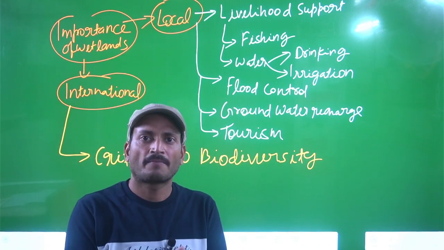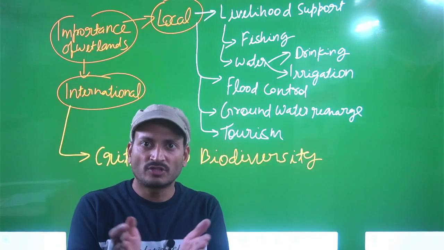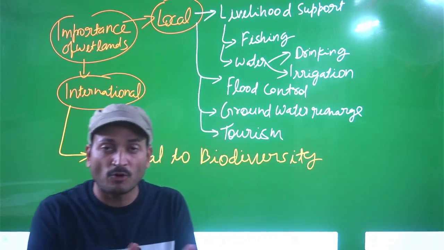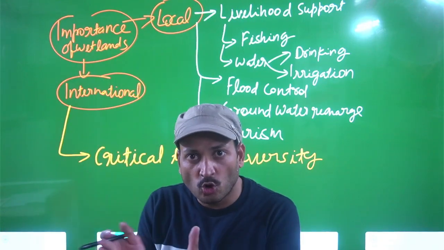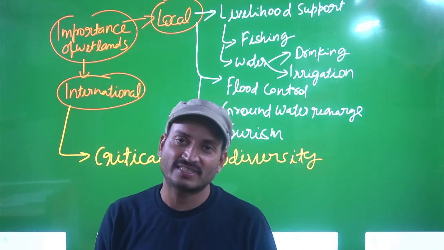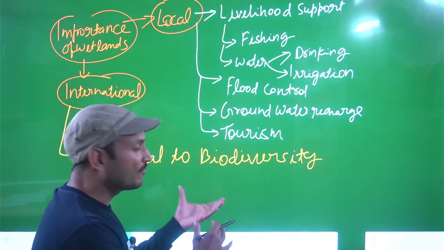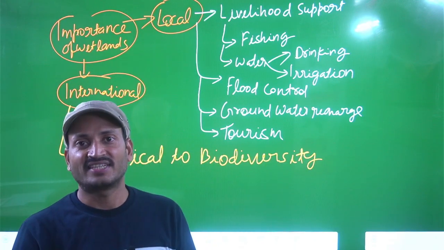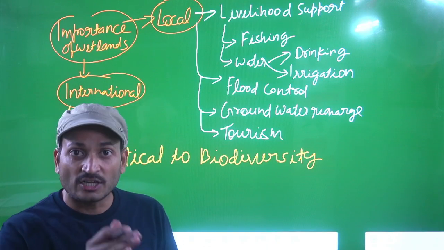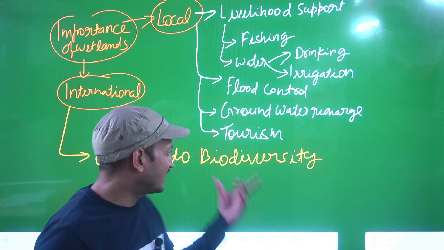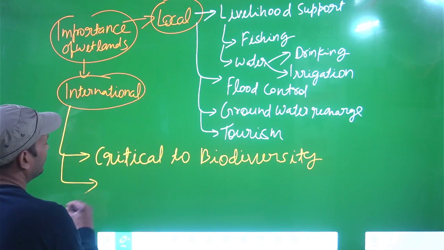For example, Sundarban is one of the wetlands in India, and it provides a home to the Bengal tiger, an endangered species. So that's how we see that wetlands are critical to the biodiversity that could be important at the global level.